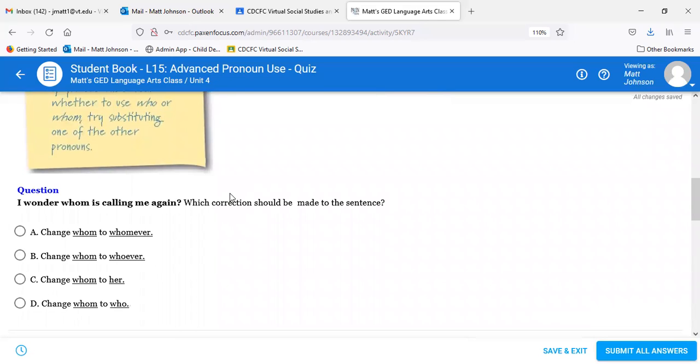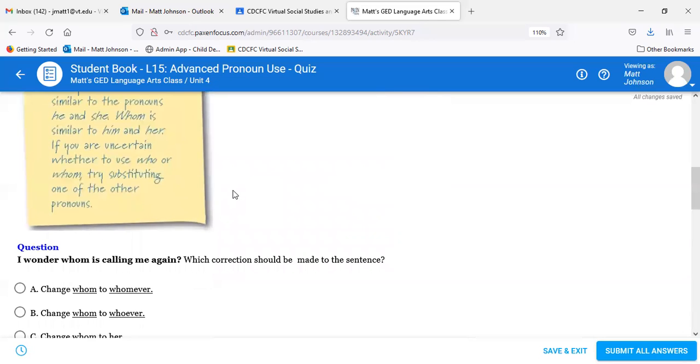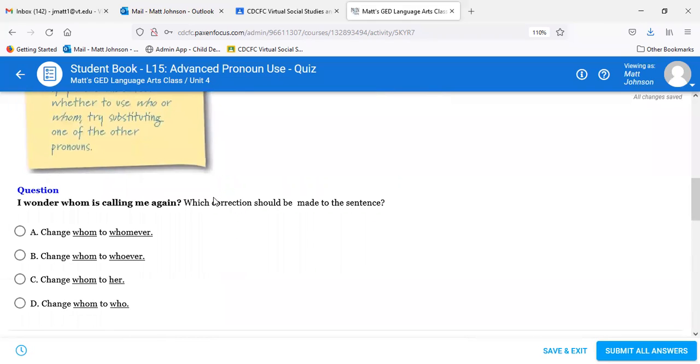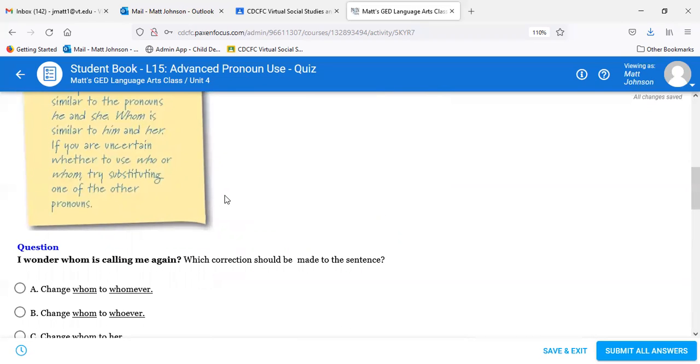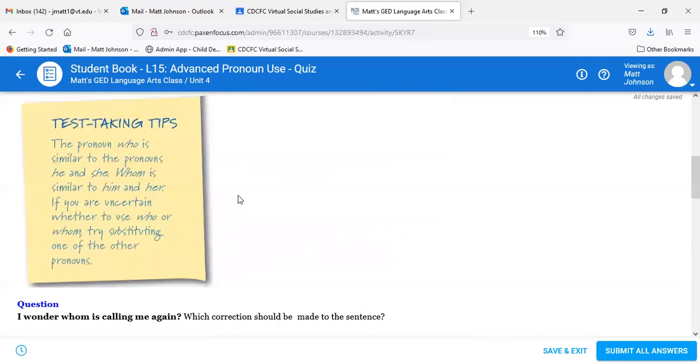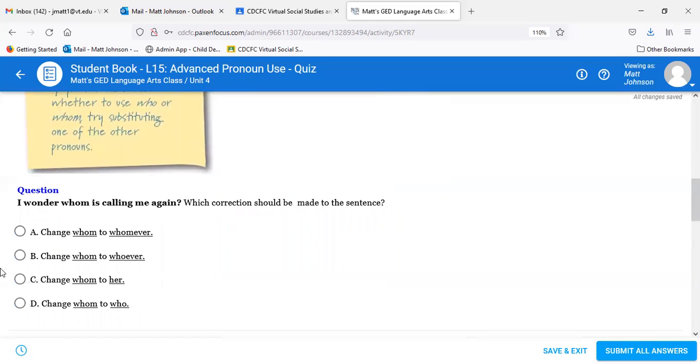I wonder whom is calling me again. Well, I don't think it's actually going to quite work in that situation. So I wonder whom is calling me again.